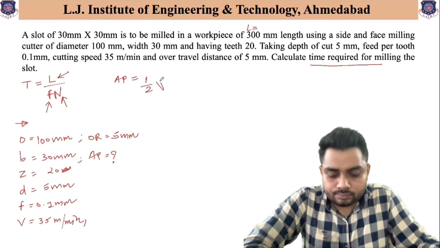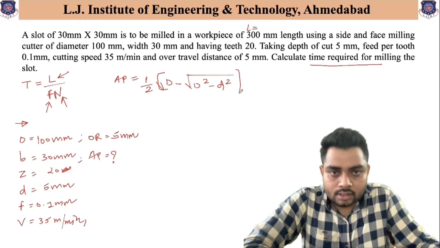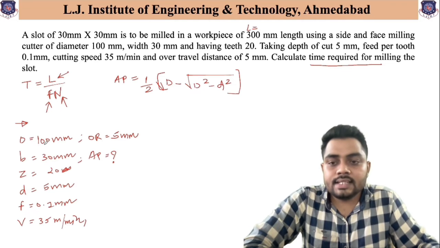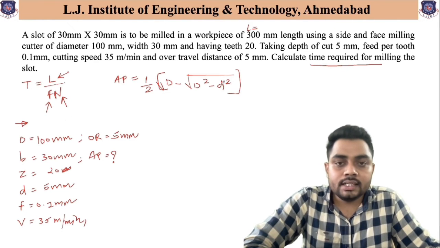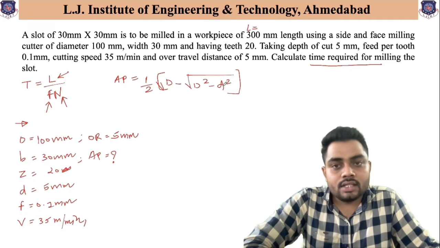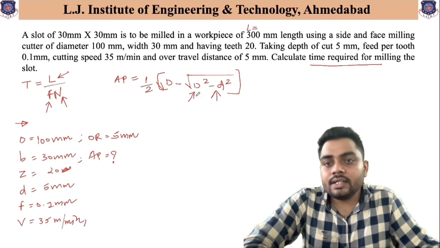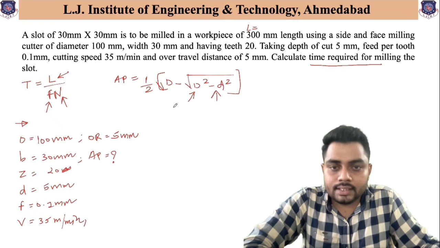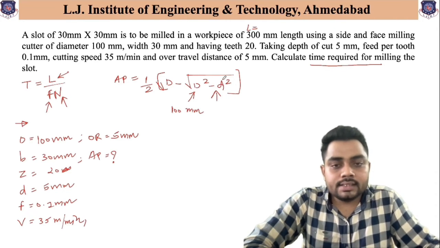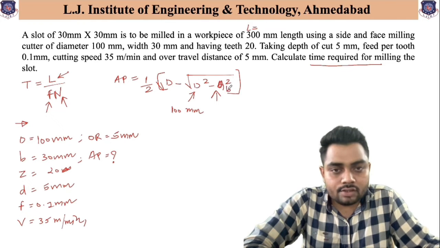In this particular case, the approach distance is calculated using the equation 1/2 (D minus under root D square minus d square). The capital D is the diameter of the cutter, and the small d is the depth required, which here is the width of the cutter.